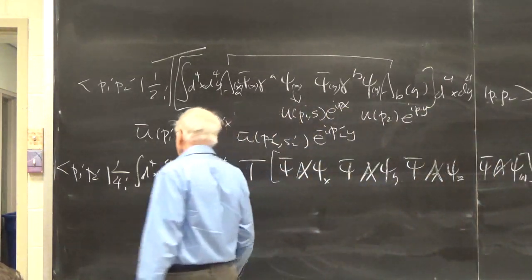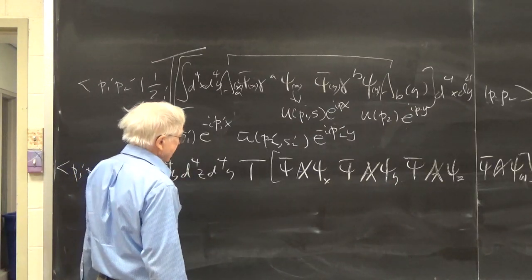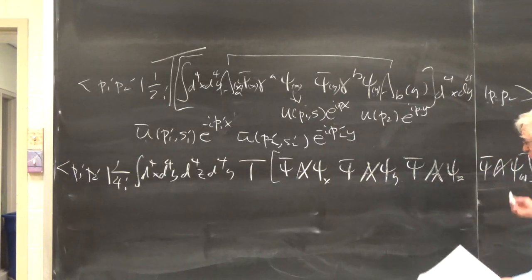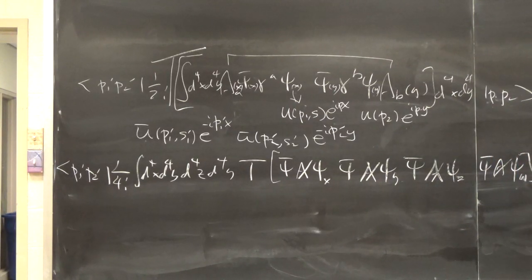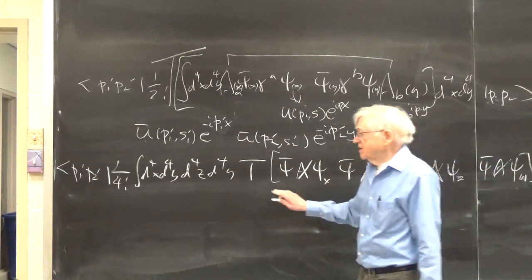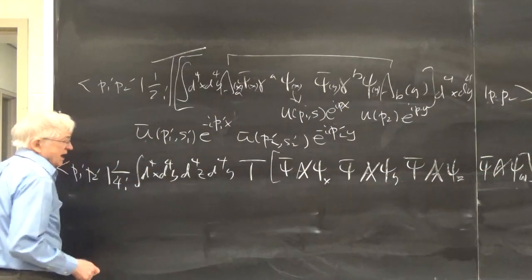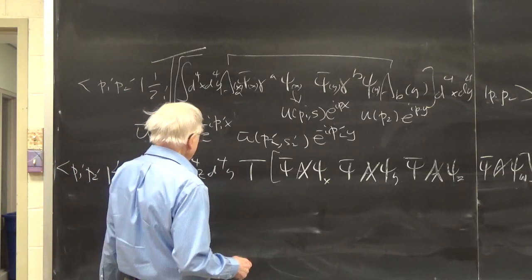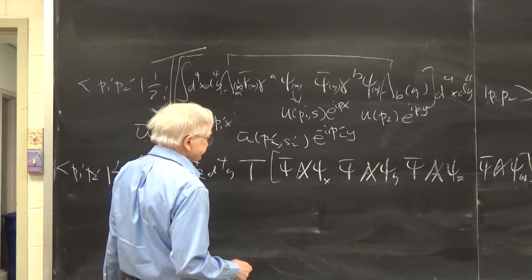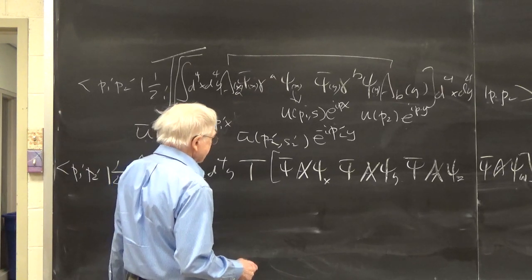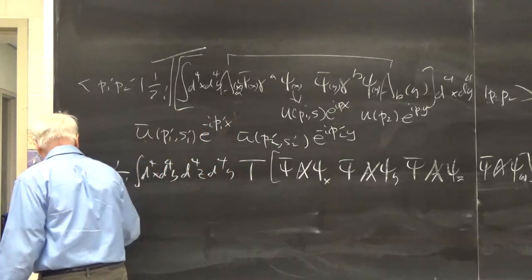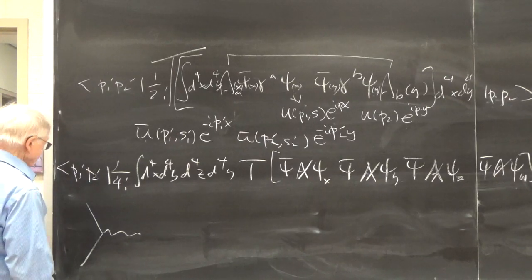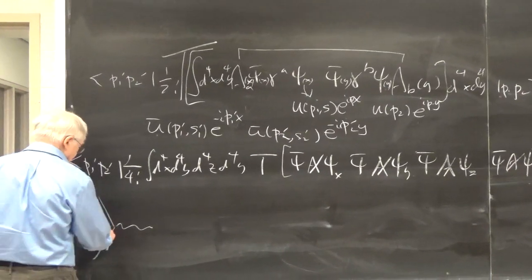And so now, once again, you choose two of the psi's to absorb the incoming particles, two of the psi bars to create the outgoing particles. So basically you have one vertex here, which you might call the X vertex if you want to.